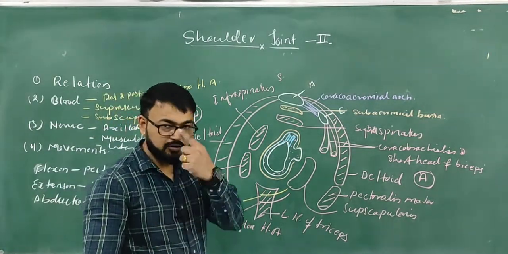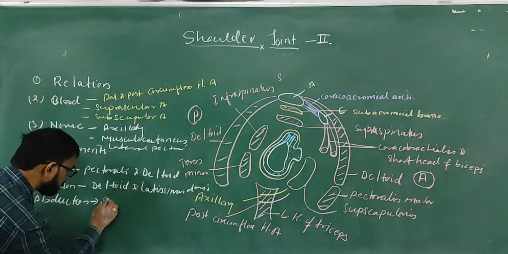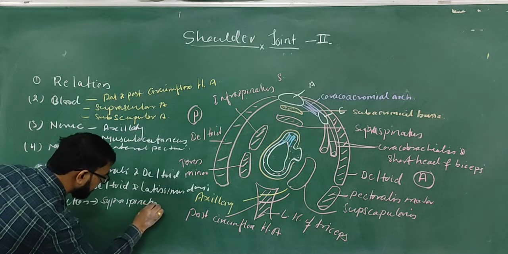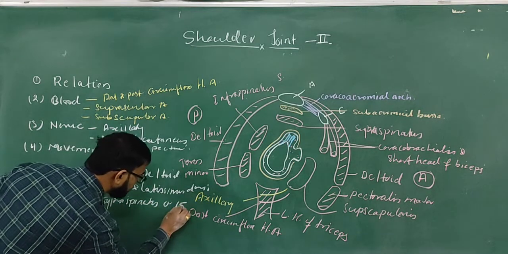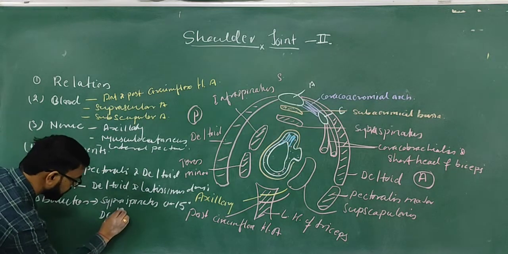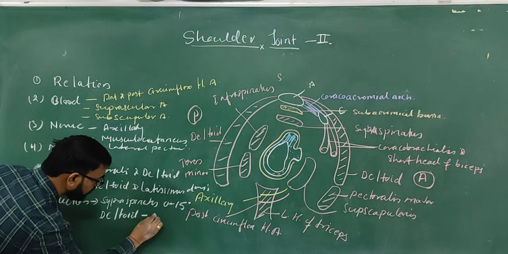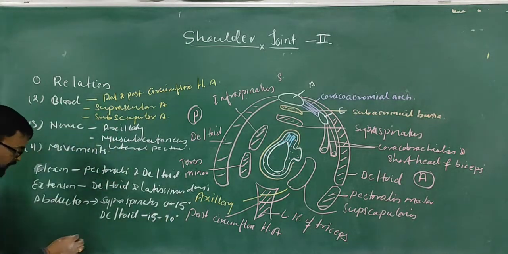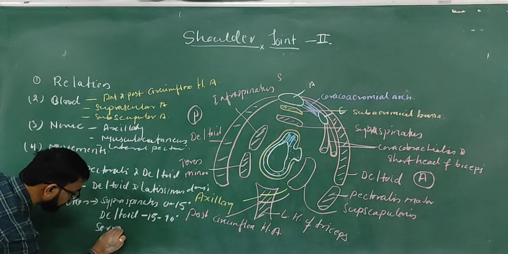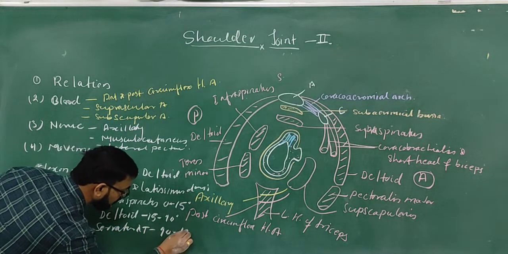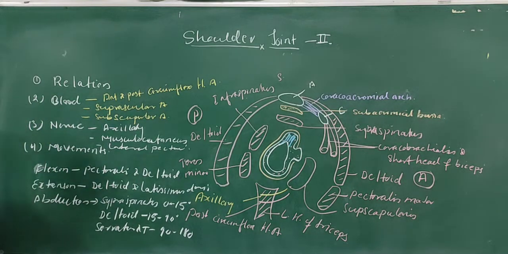Abduction: supraspinatus from 0 to 15 degrees. Deltoid, that is the middle fibers of deltoid, from 15 to 90 degrees, and serratus anterior along with trapezius from 90 to 180 degrees.